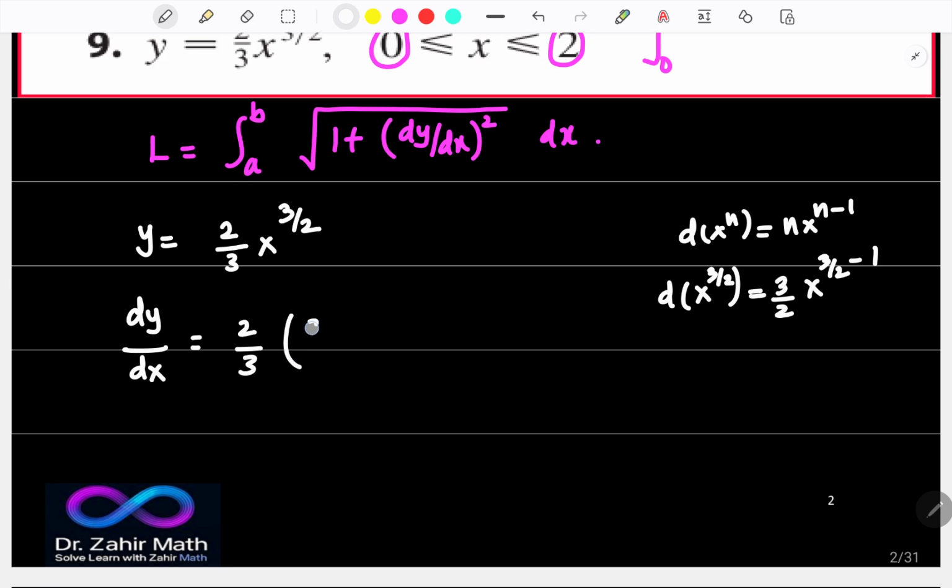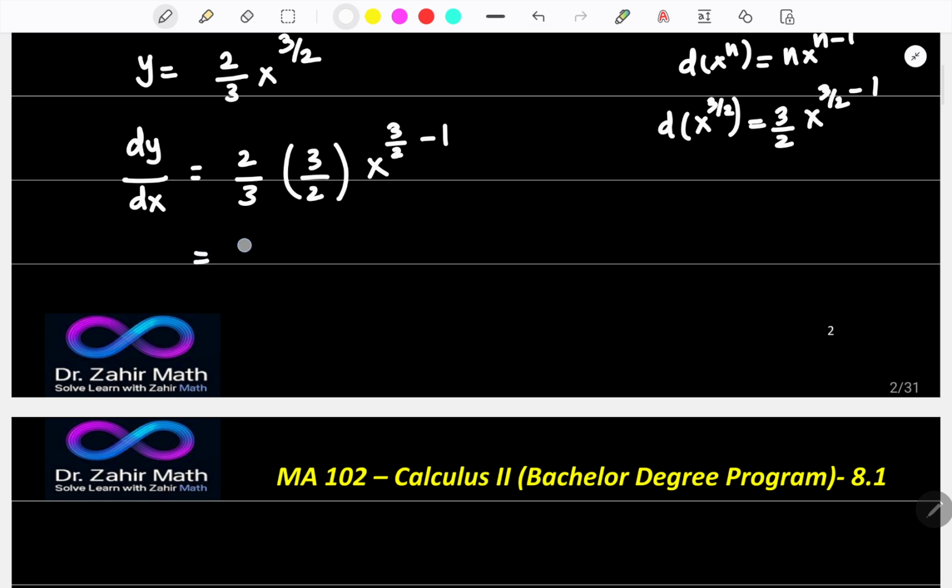So it will be 3/2 times x to the power of 3/2 minus 1. So this equals 2/3 times, I'm sorry, let me cancel this one. The 2 gets cancelled, the 3 gets cancelled, right? So x to the power of 1.5 minus 1, which is going to become what? Which is half, right? So this is your dy/dx.